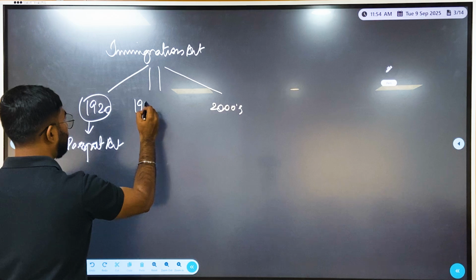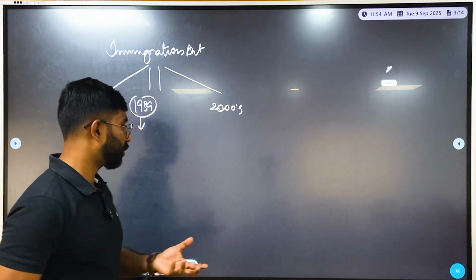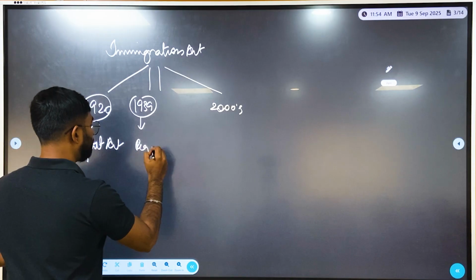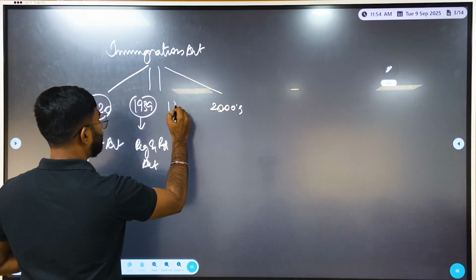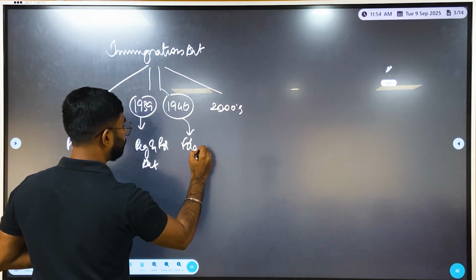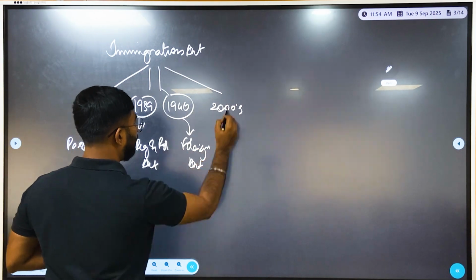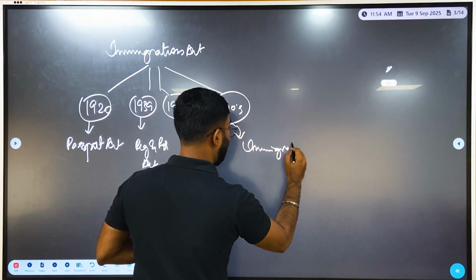Then in 1939 we had the Registration of Foreigners Act. Then in the year 1946 we had the Foreigners Act, followed by the Immigration Act in 2000.